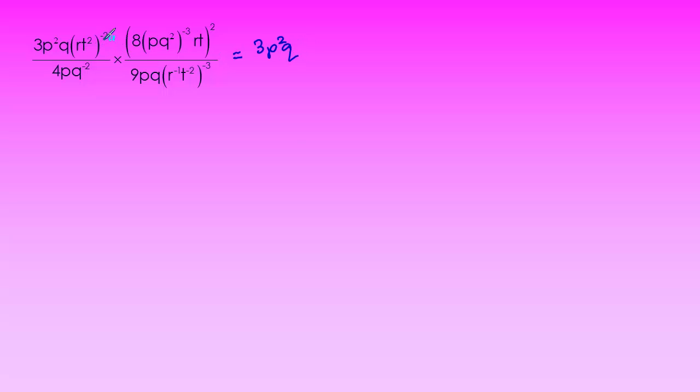From what we've done previously, we can see that this is going to end up being r to the negative 2, t to the negative 4. And there's nothing much to do with the bottom of this one. So 4p q to the negative 2.